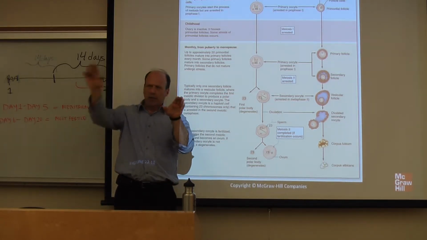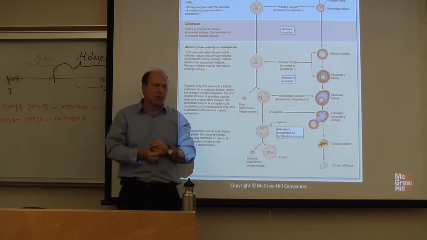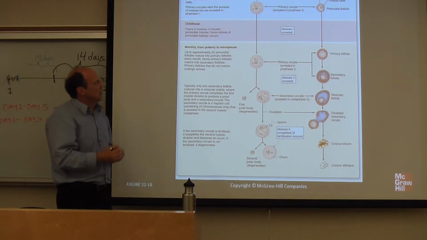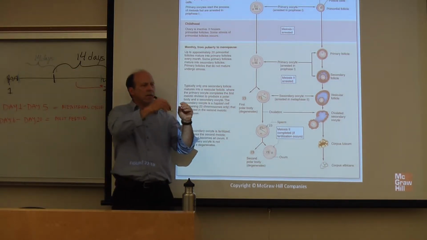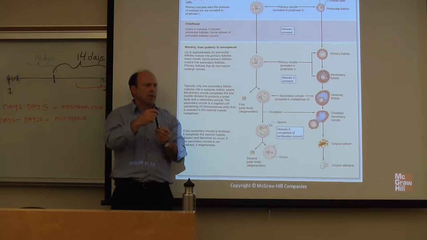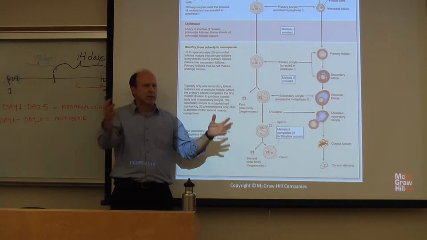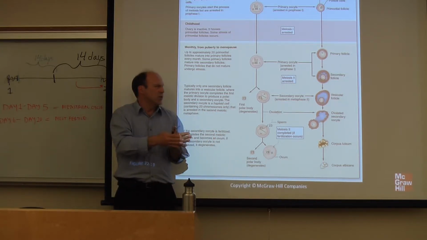You have a DNA replication event, which is called the S phase. You have G1, G2 phases. Anyway, at the different phases of the cell cycle, there are these things called checkpoints. And you can stop the cell from going around the cell cycle and dividing its DNA and ultimately dividing the cell if you stop at a certain checkpoint.